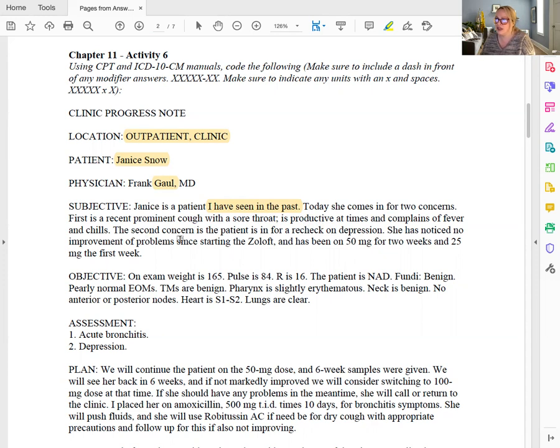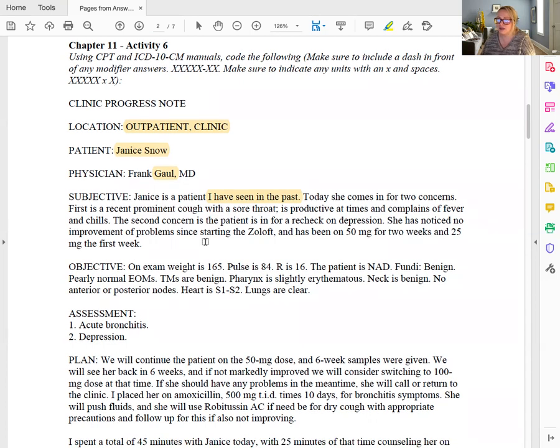She's not noticing any improvements. So there's a lot of HPI elements in here if we were looking at those elements for other types of services. I like to point them out even though it doesn't affect the level of service for this visit, because it might if we look at other services.